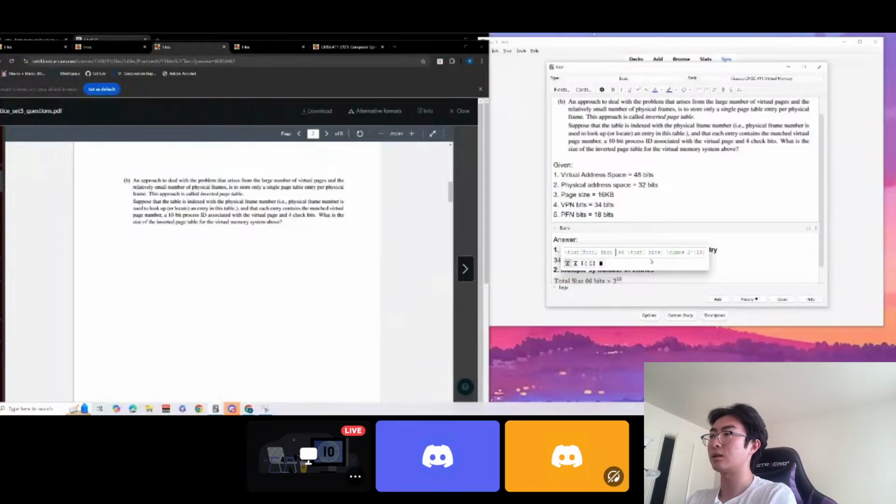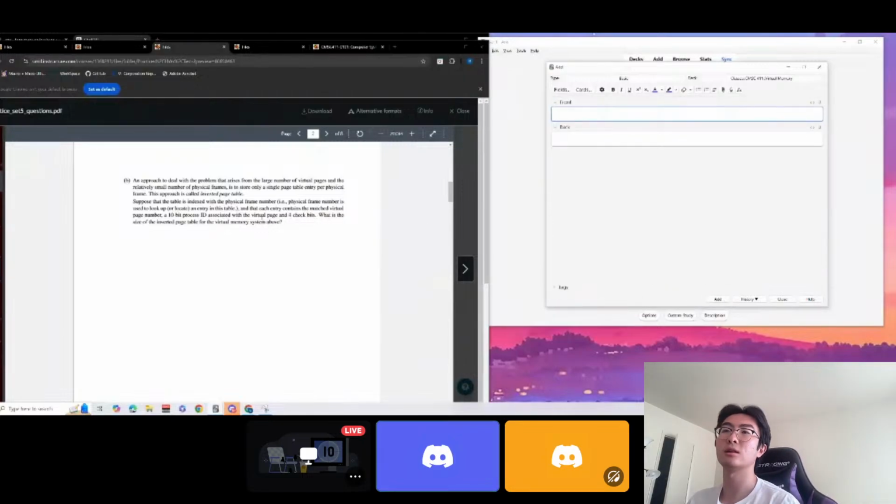Total size of inverted page table is going to be equal to 66 bits times 2 to the 18. All right.